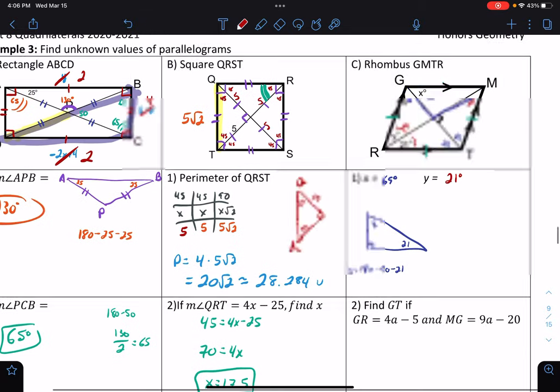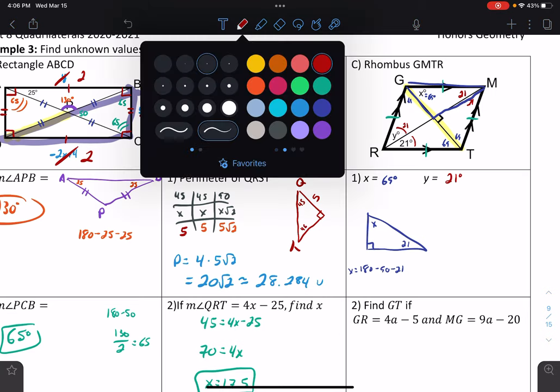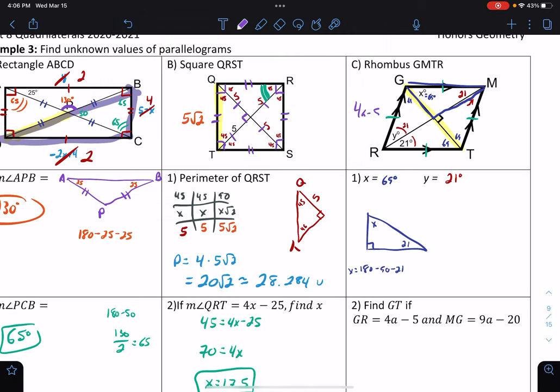So in the next one, we want to find GT. Find GT, so that's this whole thing here, okay? If GR is 4a minus 5 and MG is 9a minus 20. Well, right off the bat, I know I'm dealing with side lengths here, the GR and the GM.